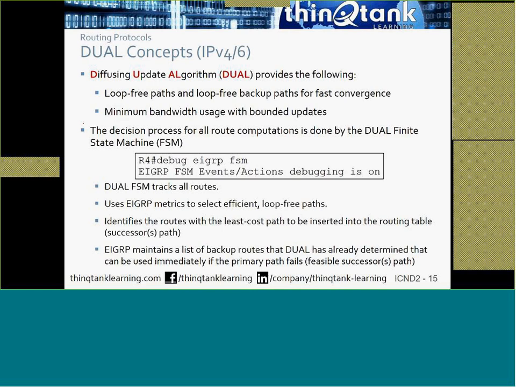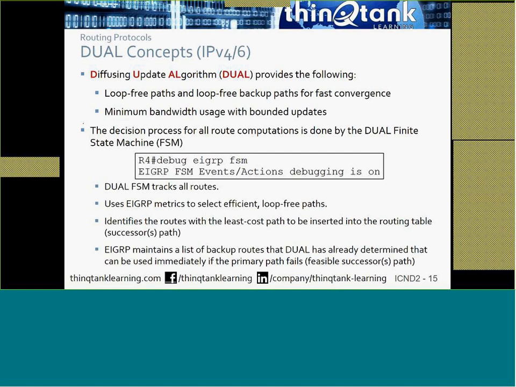It provides loop-free paths and loop-free backup paths, meaning successors and feasible successors. It does bounded updates, incremental updates. It runs this thing called the DUAL finite state machine, which does all of these finite state machine calculations, right?